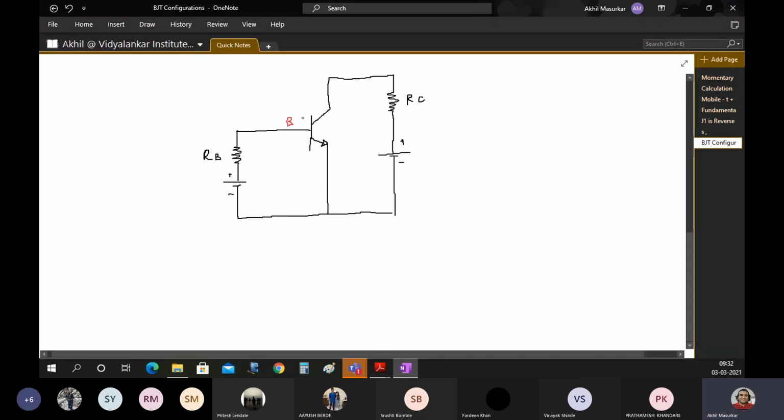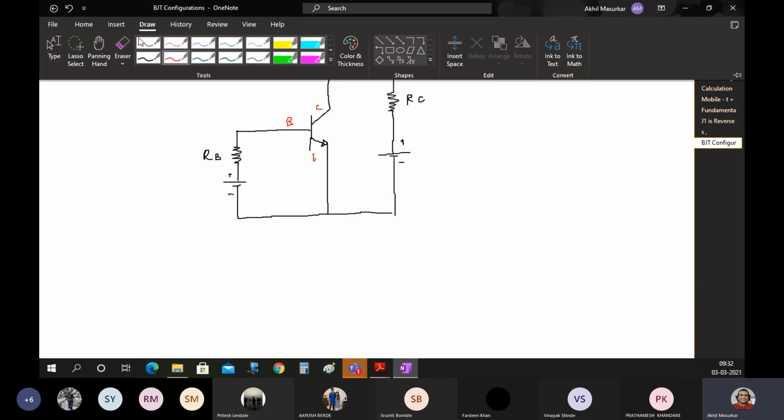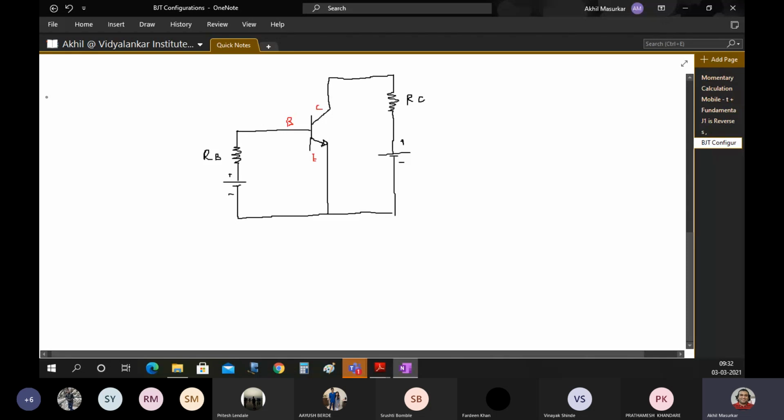So the primary condition for amplification is that if you want to see some amplification, then junction J1, which is the emitter base junction, should be forward bias, and junction J2, the base collector junction, should be reverse bias. So let's identify that first.